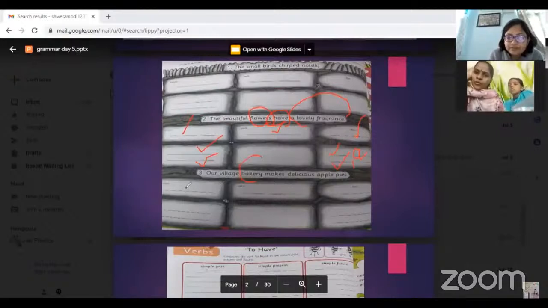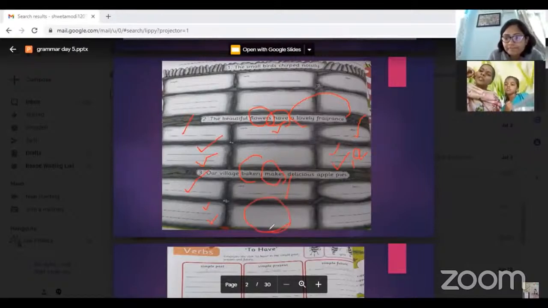Okay. So now tell me, where will this bakery go? Bakery is a subject. First. Yes. Now, why do we have two lines here? Which two words will come? Our village. Our and village. Now, where will this go? Verb. Okay. Now, tell me why we do not have any line here?